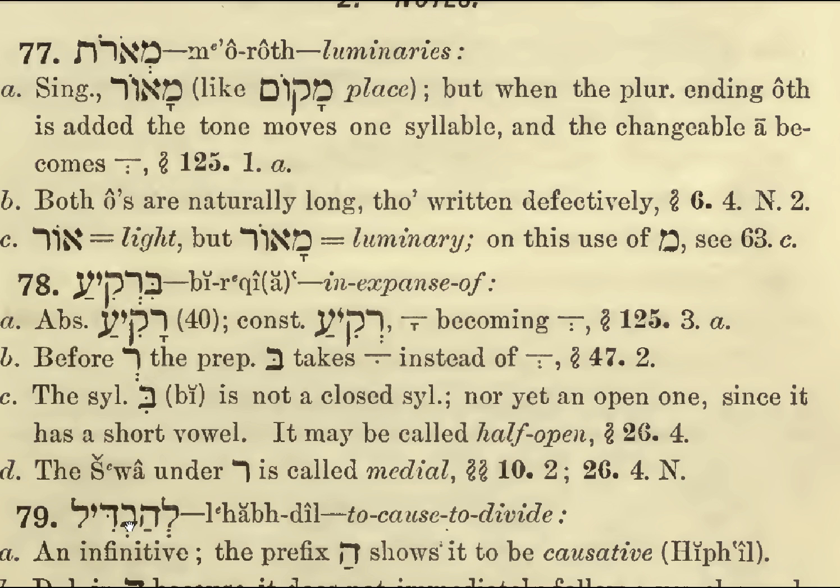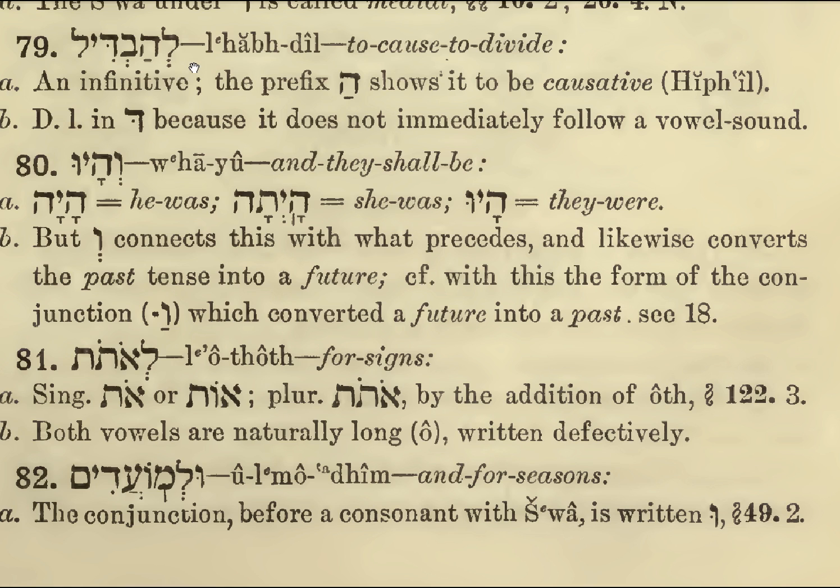Lahabdil. This isn't a vowel. Here's our first vowel. Here is our first syllable, and here's our second syllable. Lahabdil. To cause to divide. Lahabdil is an infinitive, and the prefix ha shows that it is causative, Hif'il.